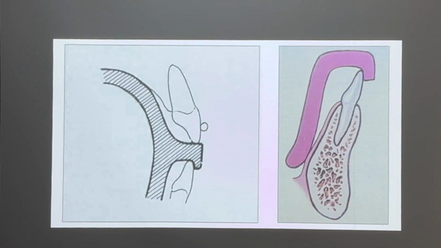So please think about the change of appliance height. Okay. Now you understand the whole thing about selective grinding and selective relining also. Okay.